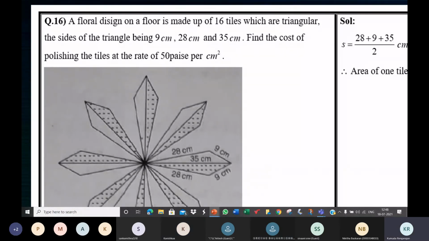It's the area of the floral design. See, first you will find the area of one triangular tile. Then multiplied by 16, you will get the area of 16 triangular tiles. The area of the 16 triangular tiles is nothing but the area of the floral design. After that, once you have the area of the floral design, what will you do?